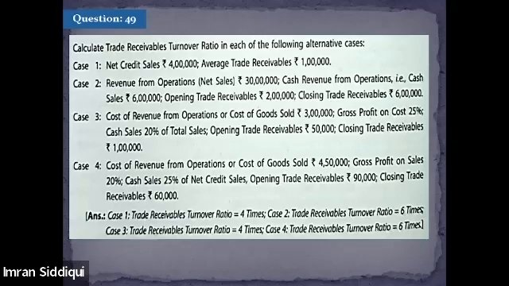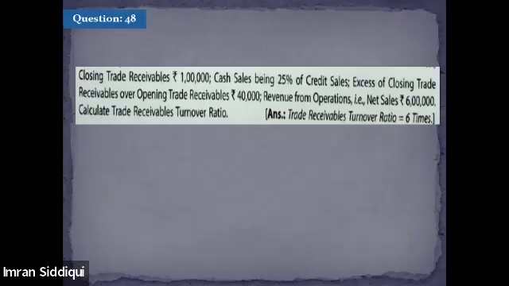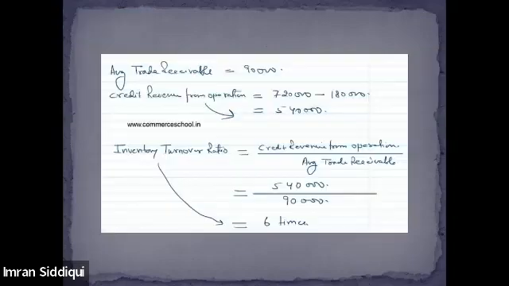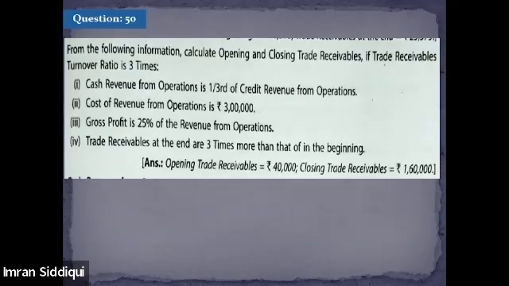Take the screenshot. Done, sir. Done, everyone? Can you show 47? 47 as well. Done. 49 I gave you as a homework, and 50 is comparatively small. It has only 4. Yeah, it is almost same.